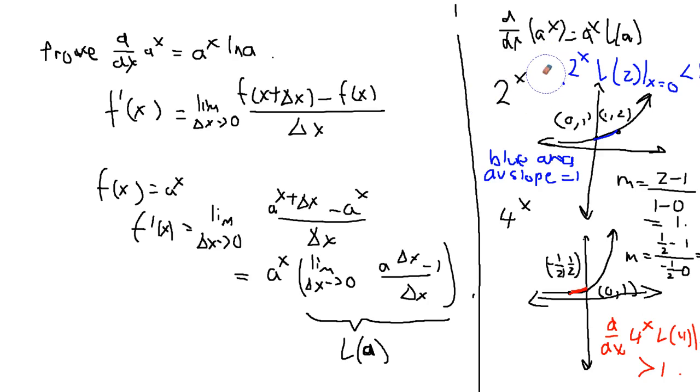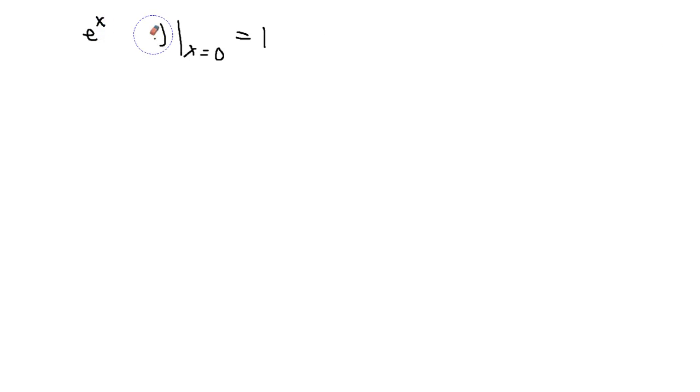D over dx of 2^x equals 2^x L of 2, right? And I'm not supposed to use m, I'm supposed to use L. I'm sorry. So L of e at x equals 0 is equal to 1. Well, x equals 0 is right there, so e to the 0 is 1. So we will just leave it as L of e is equal to 1, right?